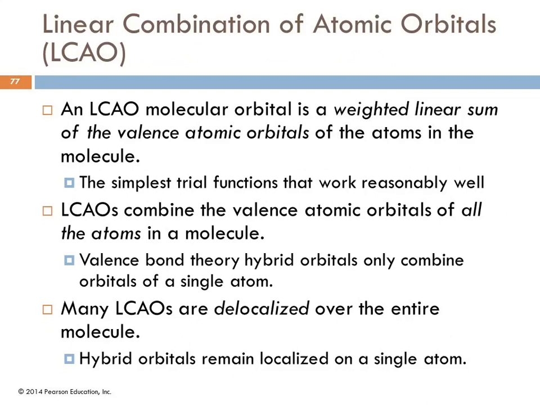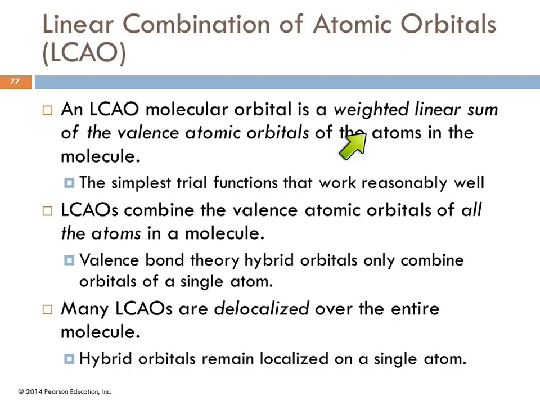So one way to look at these molecular orbitals in a more simplistic way than actually solving all these functions and minimizing energy is using a weighted linear sum. So LCAO stands for linear combination of atomic orbitals. So this is taking two atomic orbitals and bringing them together, but it's not just a simple average or a simple addition.